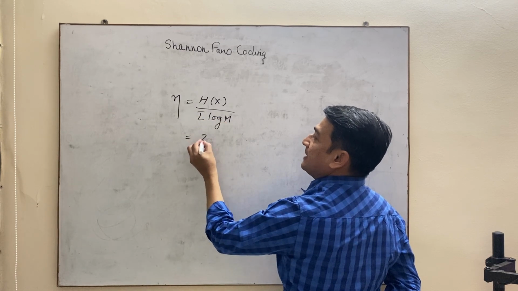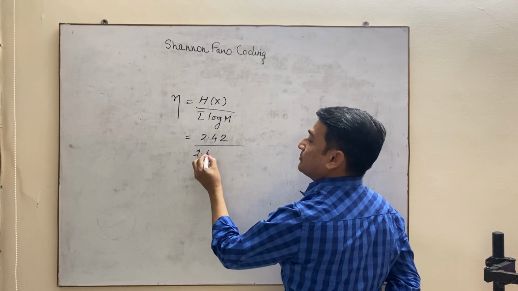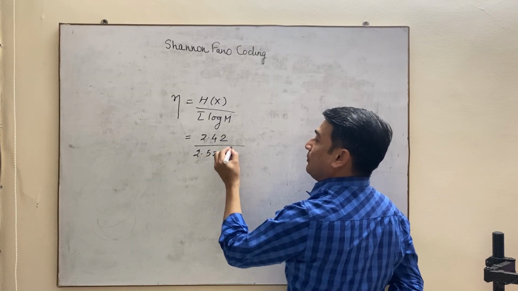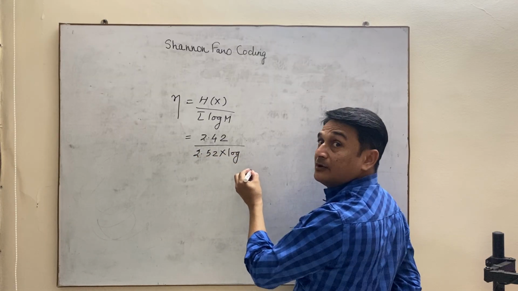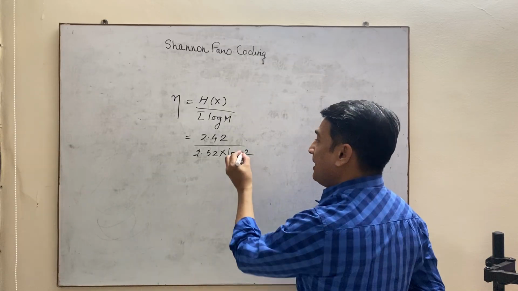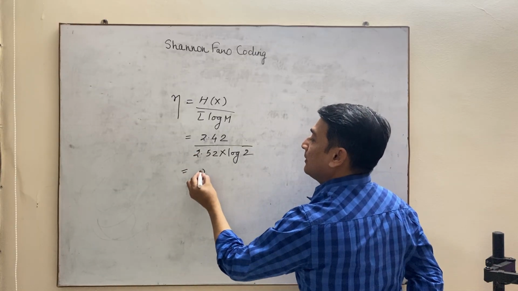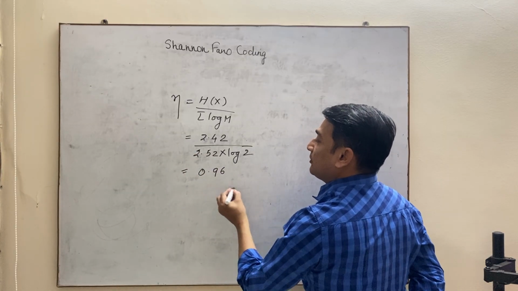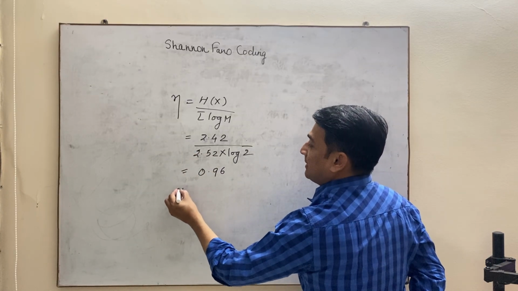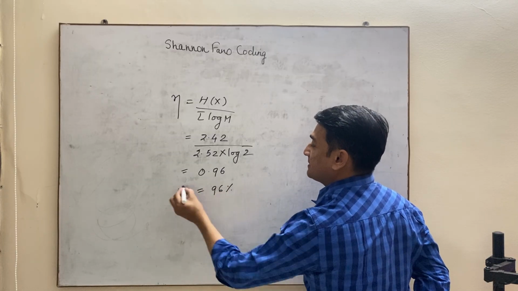Hx we have calculated as 2.42, L bar we have calculated as 2.52, into log m, where m is equal to 2. That means it is log 2, and log 2 base 2 is 1. So this value doesn't affect the overall value. By calculating, you will get 0.96. So the percentage efficiency is 96%.